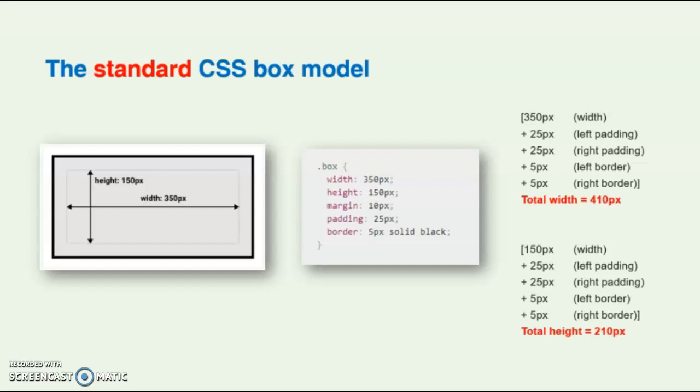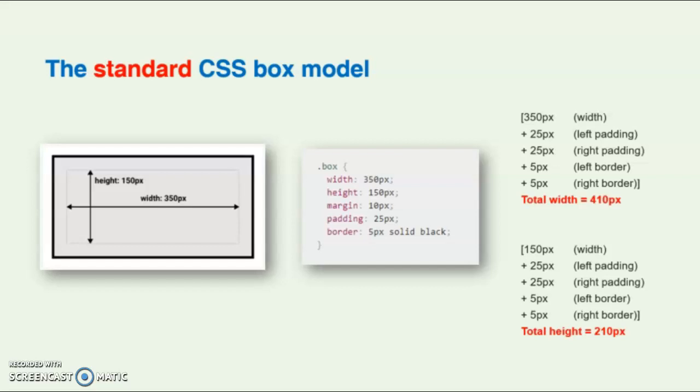If you give a box a width and a height attribute, this defines the width and height of the content box. Any padding and borders is then added to that width and height to get the total size taken up by the box. Let's assume that the box has the following CSS defining width, height, margin, border, and padding.